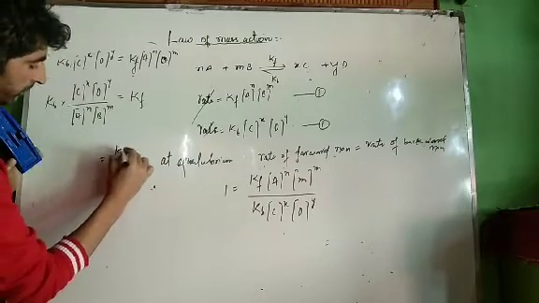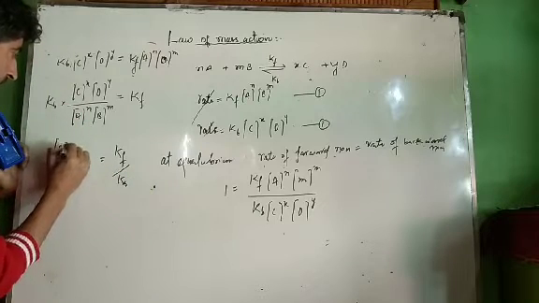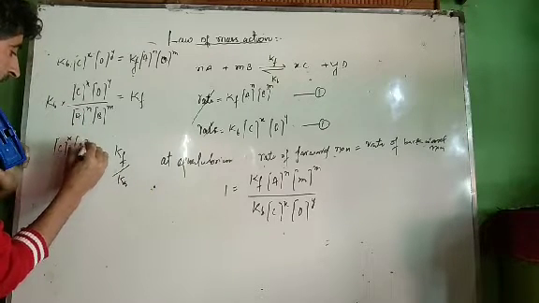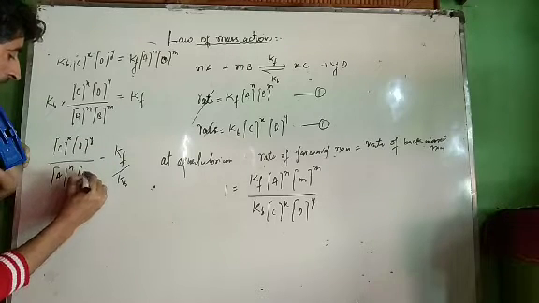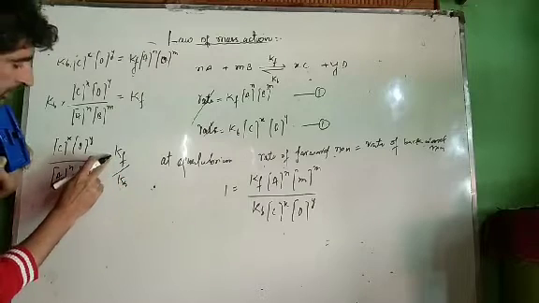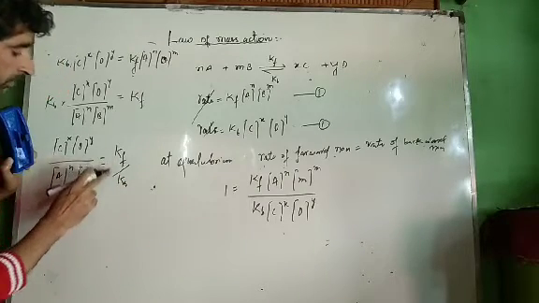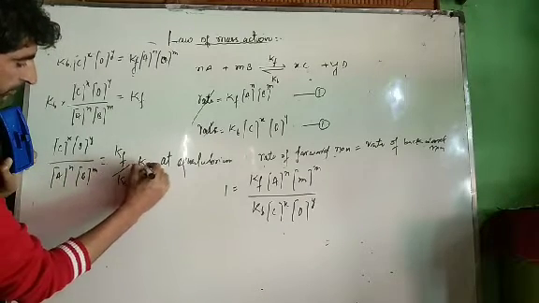Kf by Kb will be equal to concentration of C raised to power x into concentration of D raised to power y divided by concentration of A raised to power n, concentration of B raised to power m. What is this Kf by Kb? Rate constants of forward reaction and backward reaction. This is equal to K equilibrium.